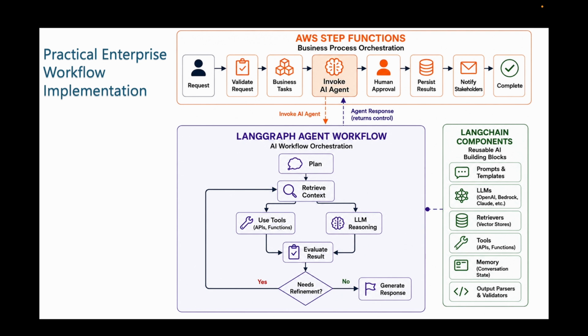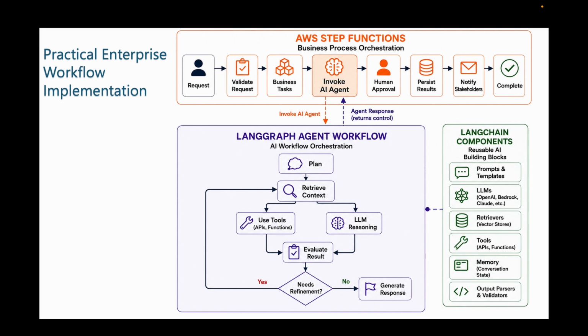In this example, AWS Step Functions orchestrates the business process by coordinating the end to end workflow. It validates the request, invokes business services, handles asynchronous human approvals, persists results, and notifies downstream systems. Most of these steps are not AI, they are standard business operations.